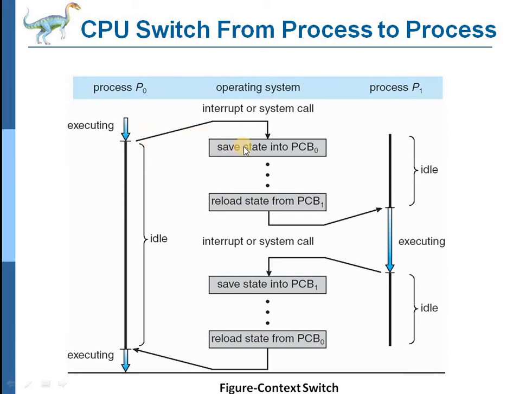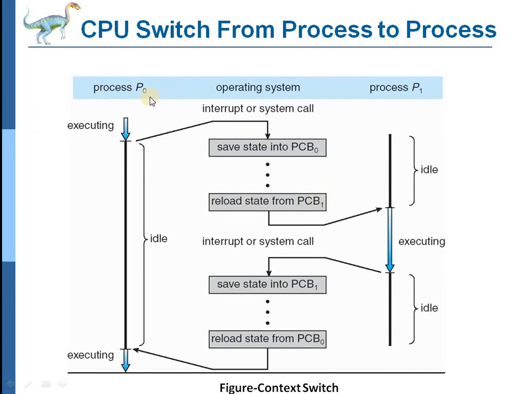After some time, an interrupt occurs, or due to some system call, process P0 is switched to process P1. At that time, the state of process P0 is saved in its PCB 0 and the state of process P1 is reloaded from PCB 1, meaning whatever information is related to process P1 is reloaded into the CPU from its PCB 1.